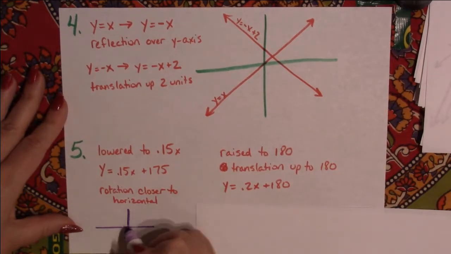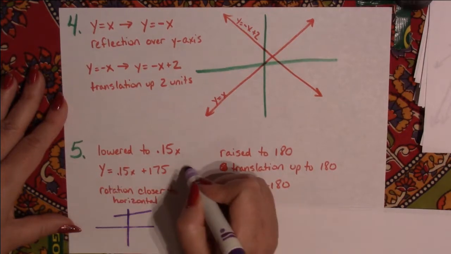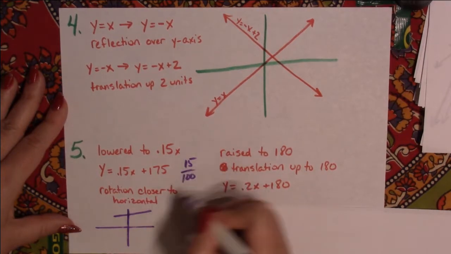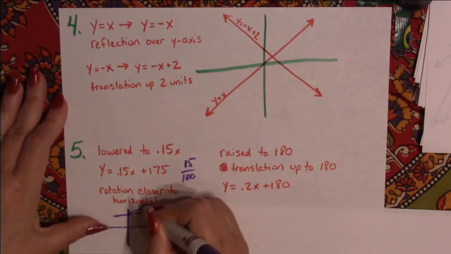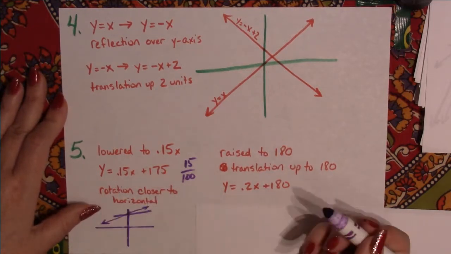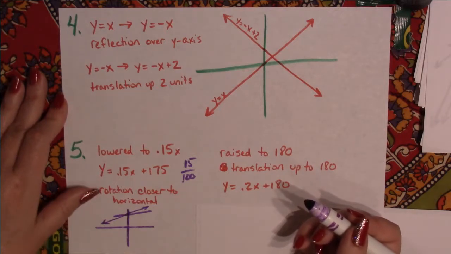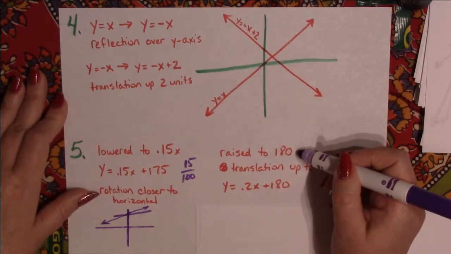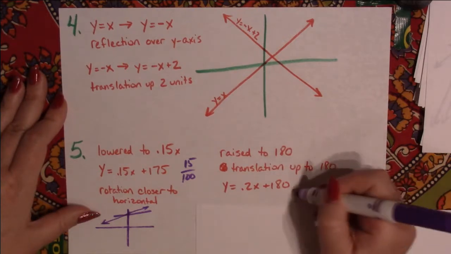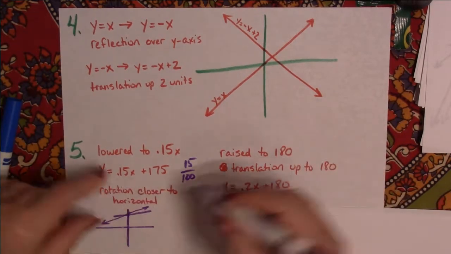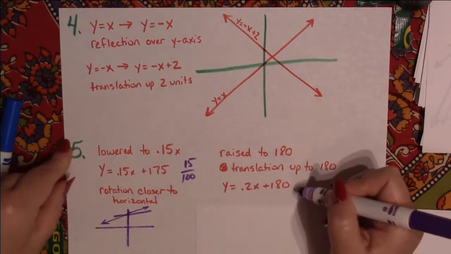This is 15 over 100 now. This is going to be pretty close to horizontal, where the other one had a little bit more steepness to it. And then what happens if we raise it to 180? That's a translation up to 180. So we're sliding up the axis from 175 to 180.